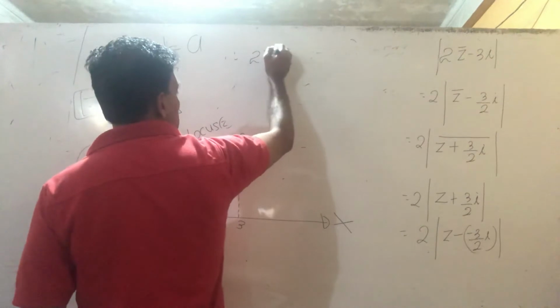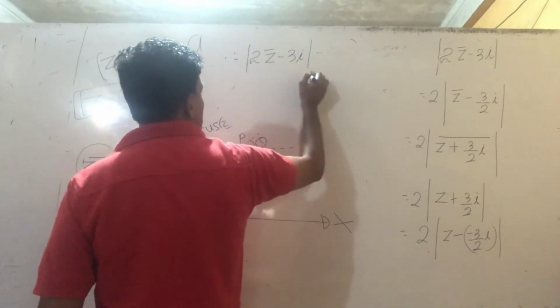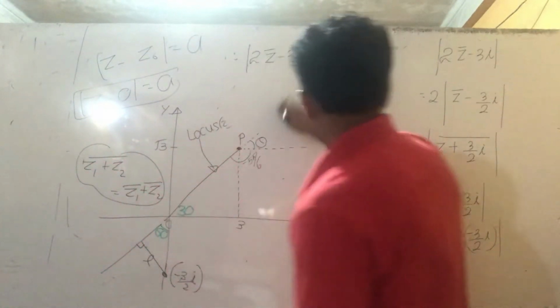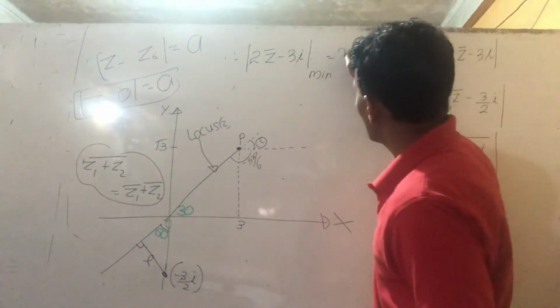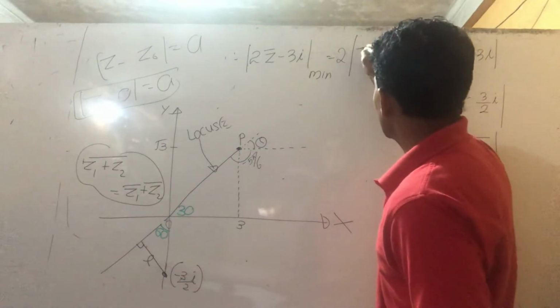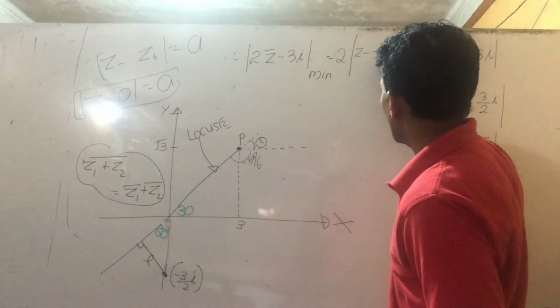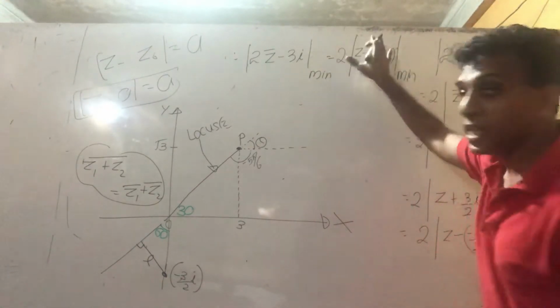Therefore, 2Z bar minus 3I minimum equal to, there's a 2 here, 2 into Z minus 3 over 2I. It's minimum, right?